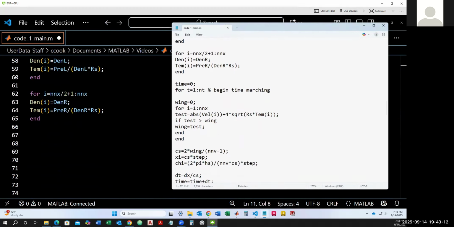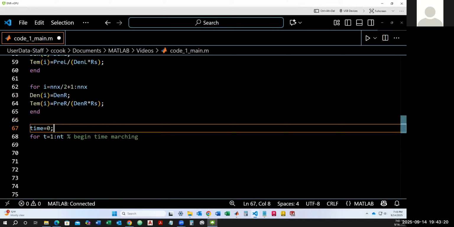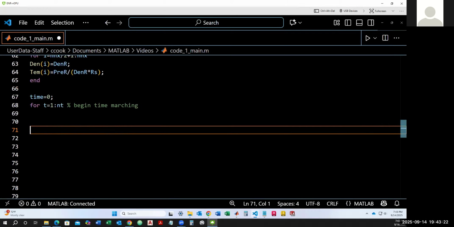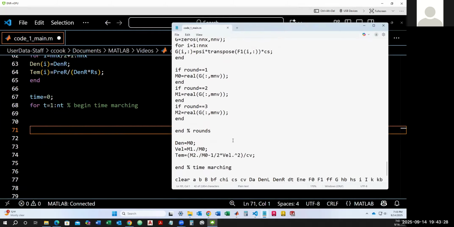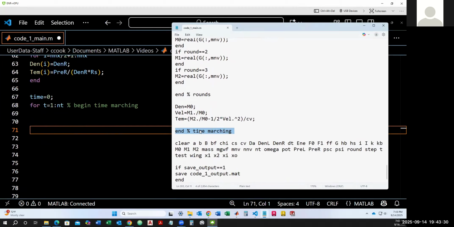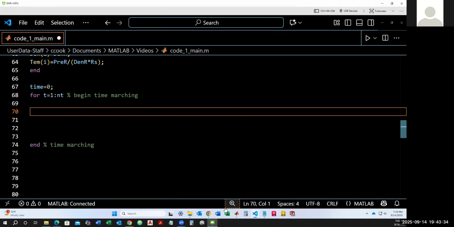We are now going to begin time marching. We'll initialize the time, set that equal to 0, and then do for t equals 1 to nt. Let's also close out the loop.